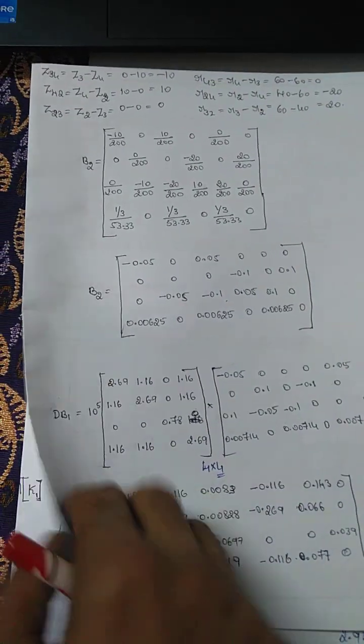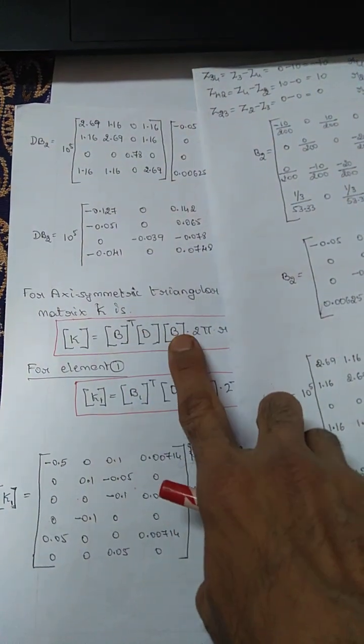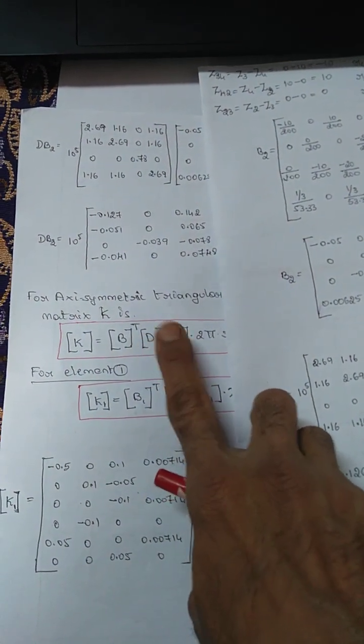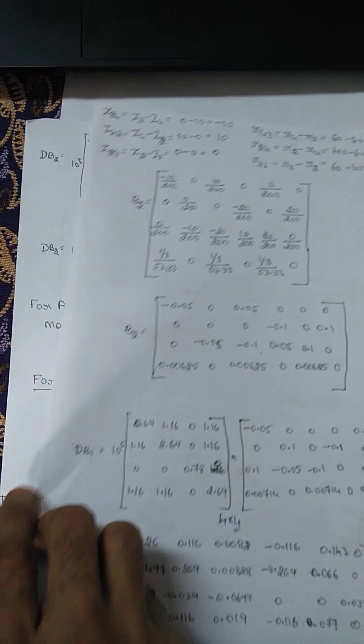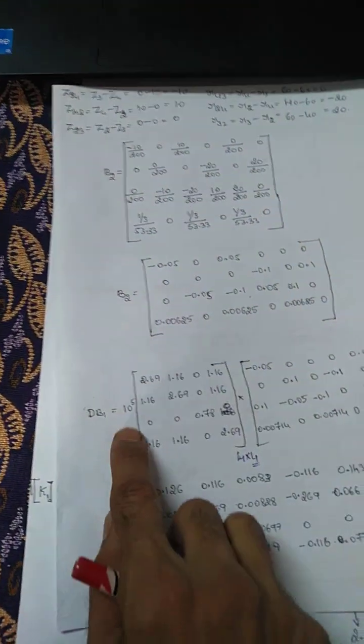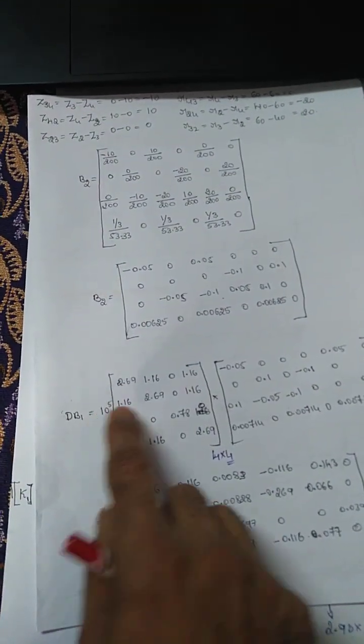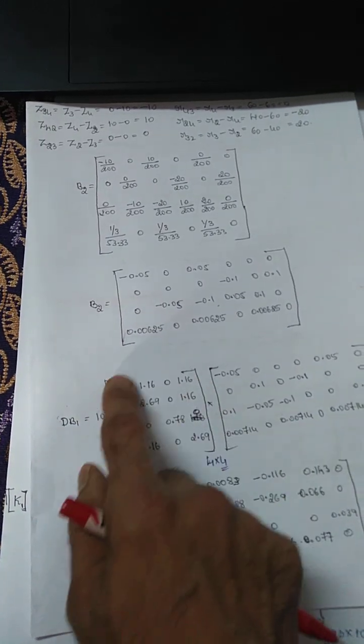Now to get this B into D, we will start multiplying matrix D into matrix B. Here I'll consider D into B1 first. This is the D value, and this is the B1 value.